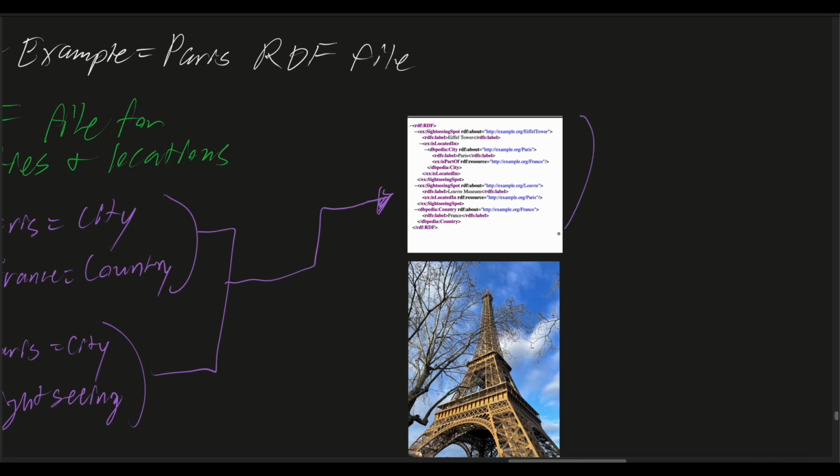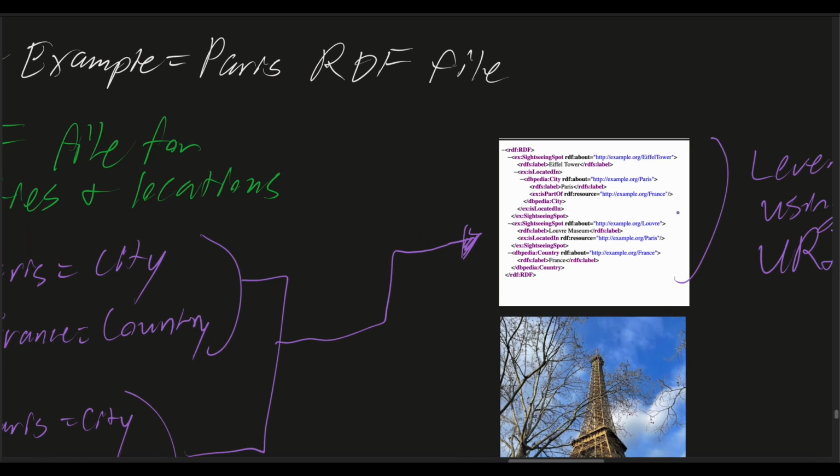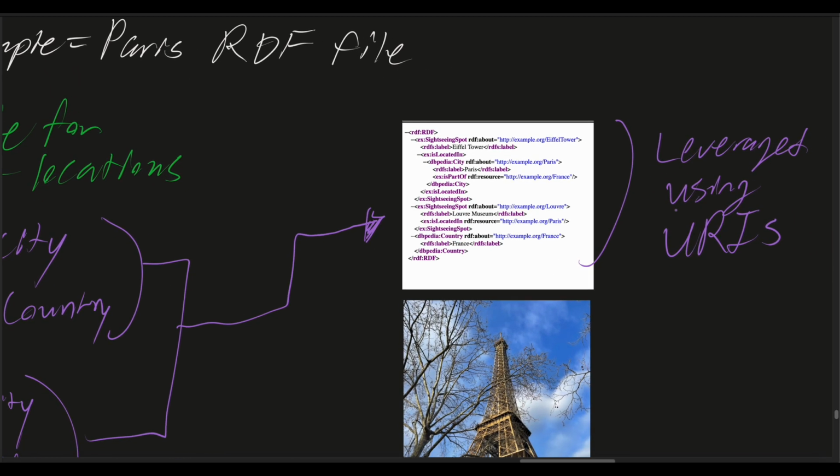So this is all leveraged using URIs, which give every single piece of information a unique identifier that can be referenced across the web. It doesn't matter if one database uses a symbol for France, like FR, and another uses French Republic.